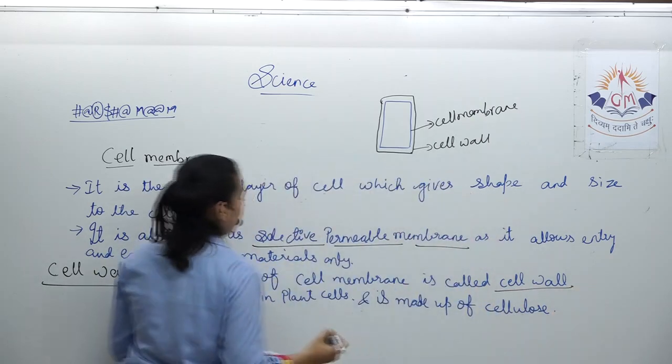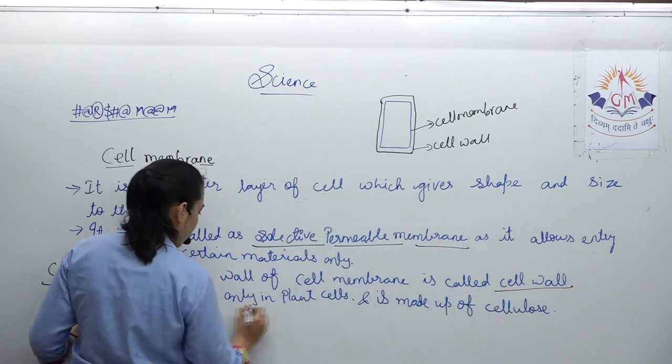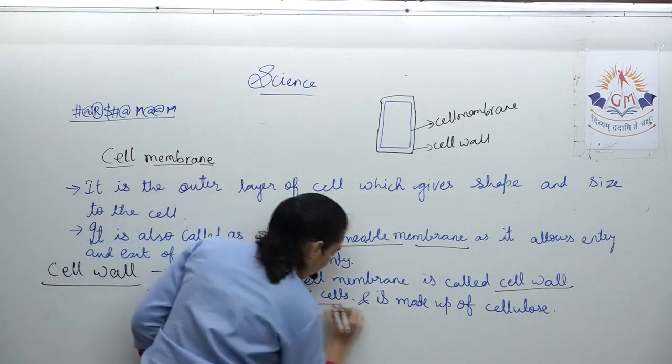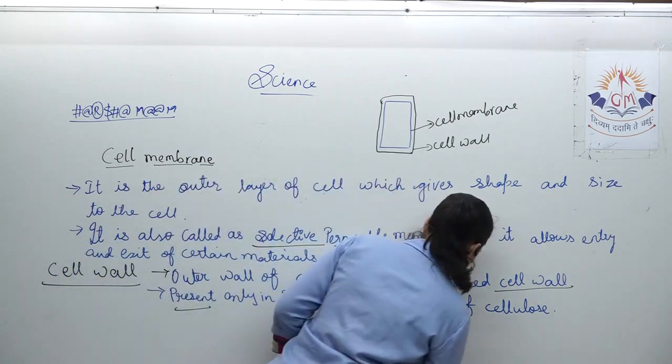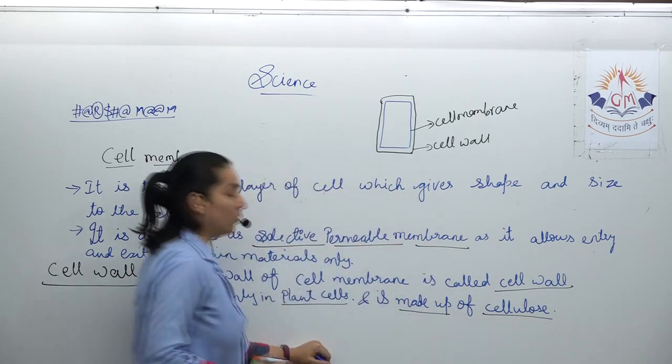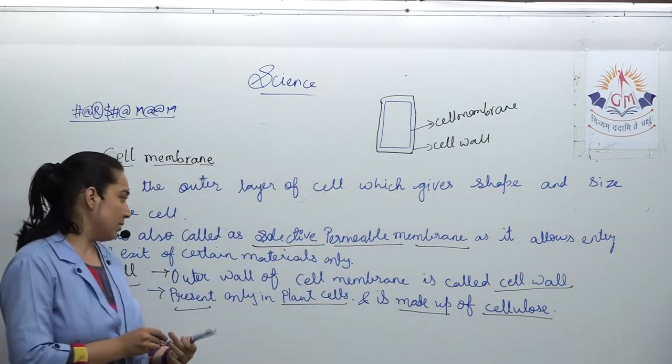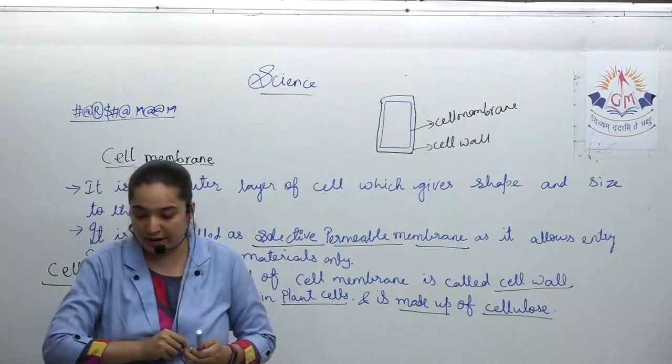Outer layer of cell membrane is called cell wall, where it is present only in plant cells, and what is it made up of? Cellulose. These are some of the keywords which you have to memorize.